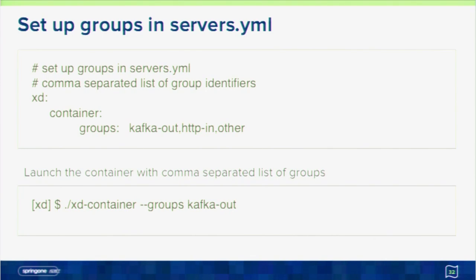One of the group definitions we could have, for example, is kafka-out. That basically would be a definition of a group. Then when we spin up a container, we can pass into that container via the --groups option, or there's also a way to do this with environment variables, that the container has the attribute of being kafka-out. So now this container is spun up and it knows I'm in the group kafka-out.